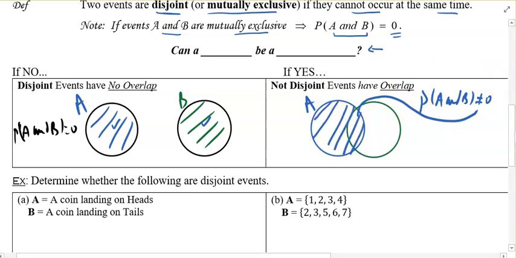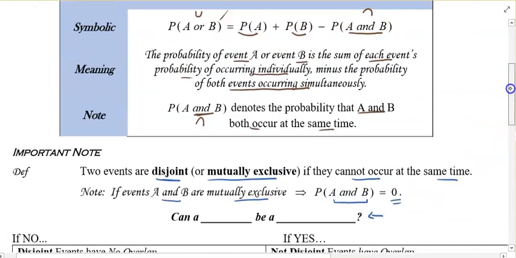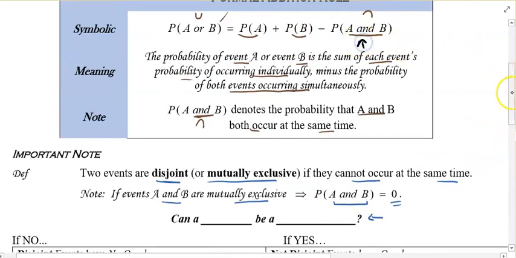I counted all of those, plus the probability of B. Do you see which part I counted twice? I counted it one time when I did the green, and one time when I did the blue. I counted this twice. That's why I would subtract it once, so I don't overcount.